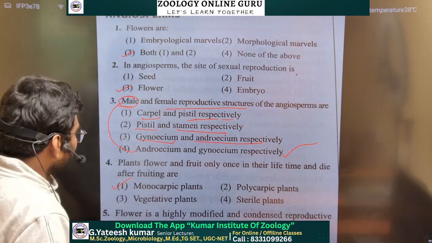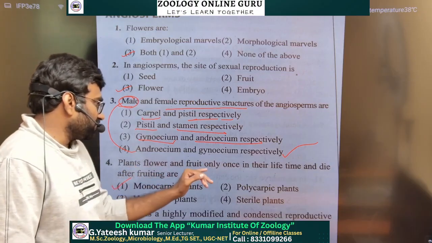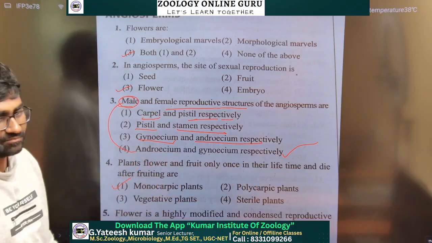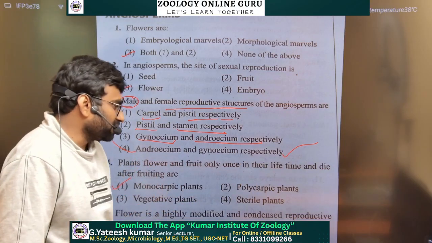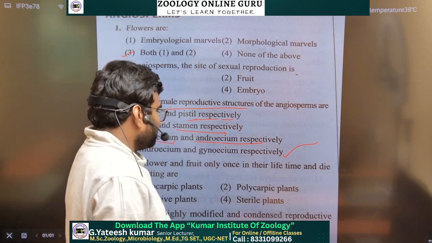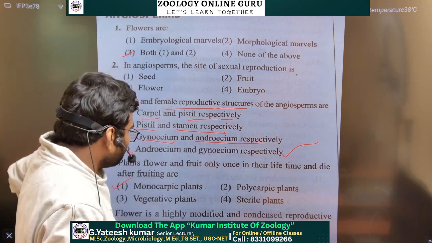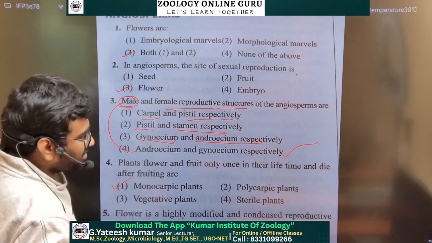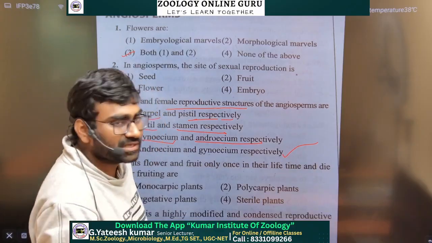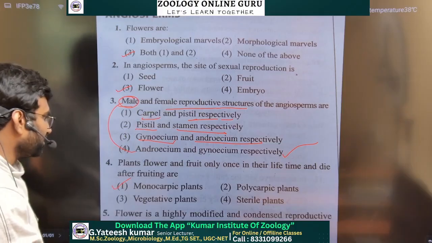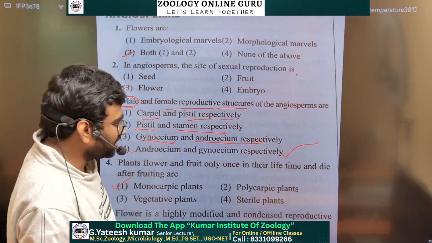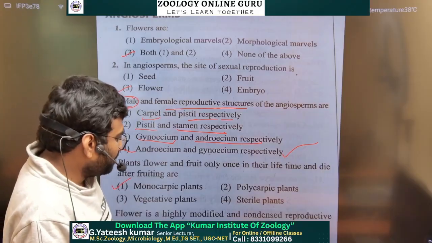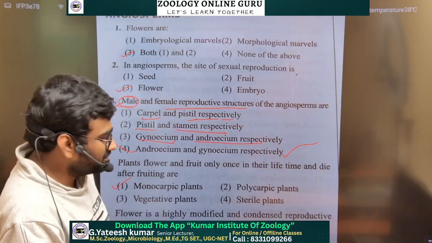Monocarpic plant means plants flower and fruit only once in their lifetime and die after fruiting. Polycarpic means plants can flower and fruit annually, for example mango, sweet lime, etc. They can live for almost 25 to 30 years. If you take sweet lime, for 25 to 30 years it can produce flowers and fruits.